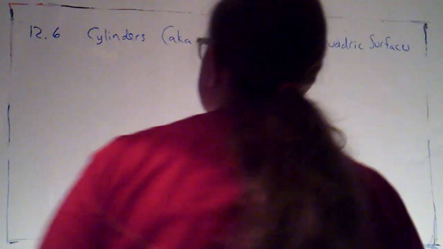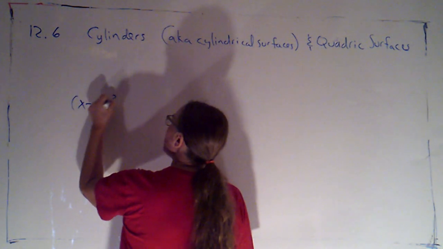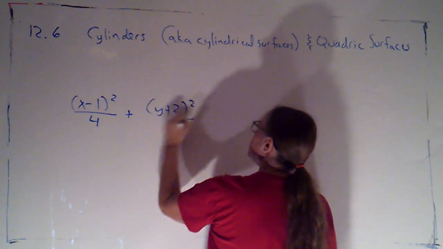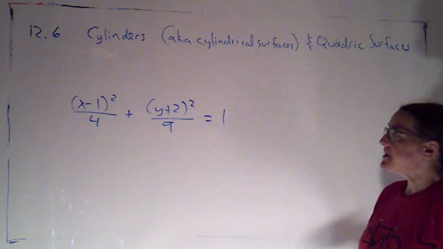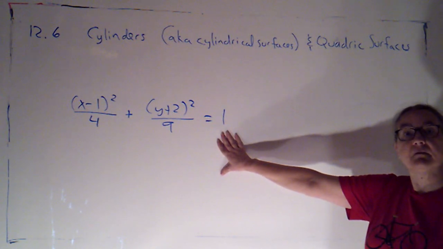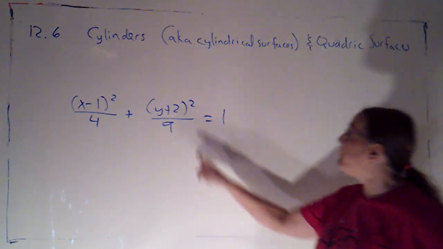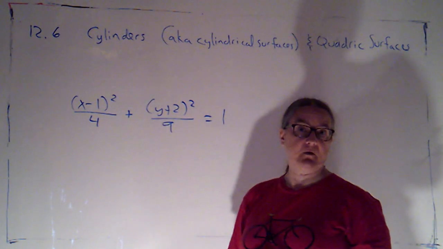Let's take a look at an example of an ellipse. Let's suppose I had (x minus 1) squared over 4 plus (y plus 2) squared over 9 equals 1. First of all, I should be able to recognize immediately from the equation that this graph is an ellipse. Both of my variables are squared, and I am adding the results.